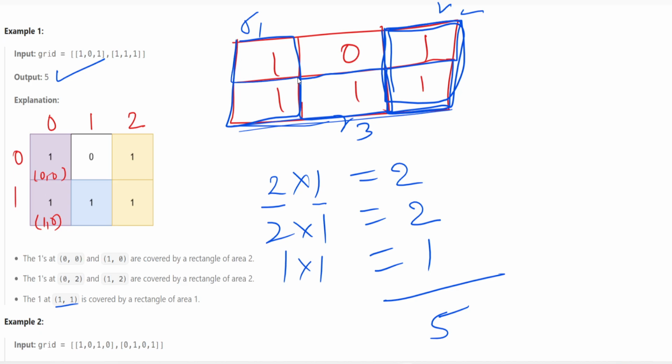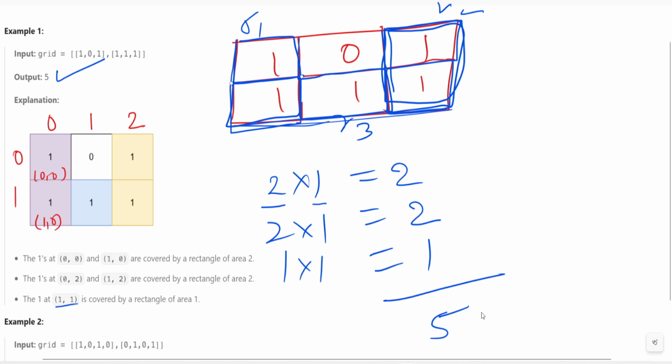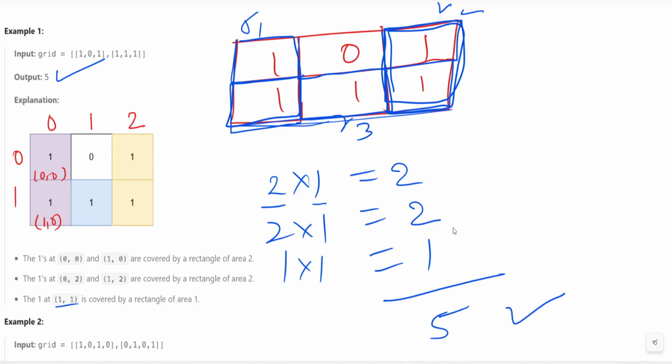So this one and this one are not overlapping, but they are touching, and we can touch. I hope you understand the question. What is our goal? Our goal is to find the minimum sum of areas of these rectangles. If you do the sum, we are going to add them up.